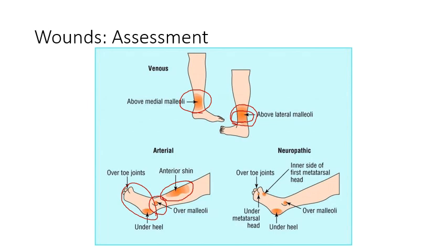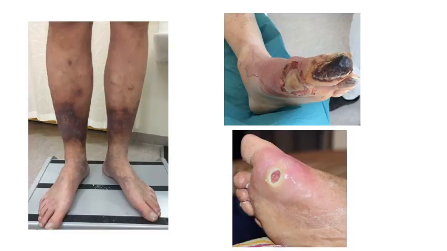Whereas the diabetic neuropathic wounds have their trigger points, so pressure points, such as under the metatarsal head, here on the side where a shoe might knot at the skin, here by the malleolus of the ankle, and especially underneath the heel, is where you see these neuropathic wounds develop.